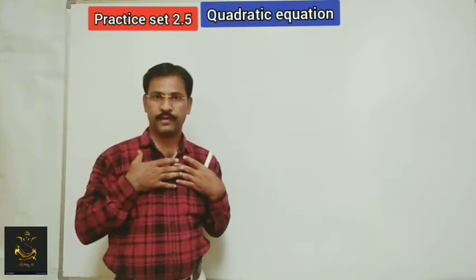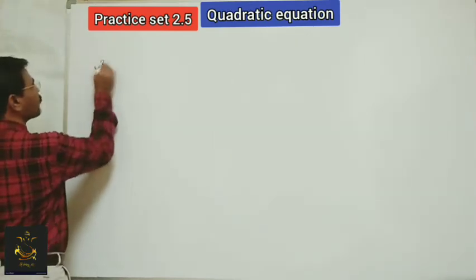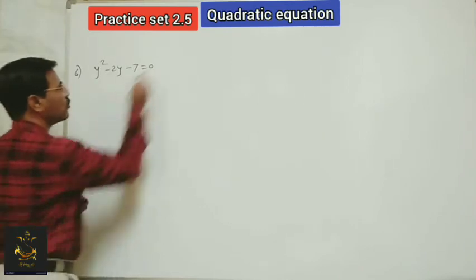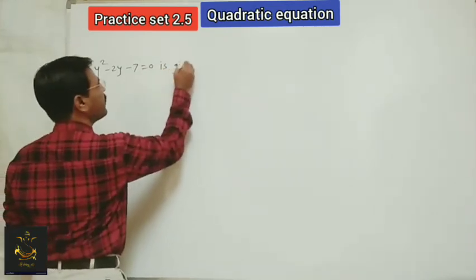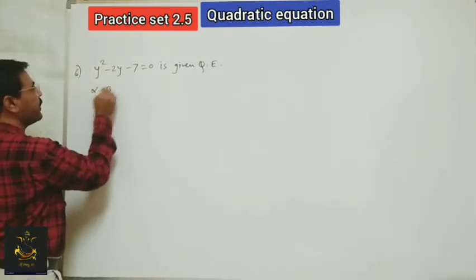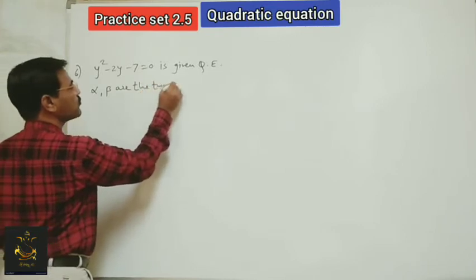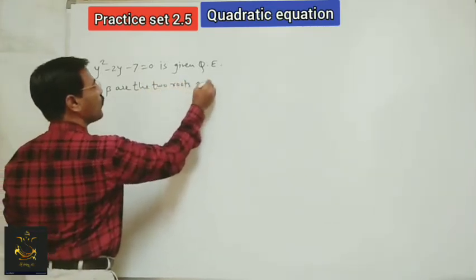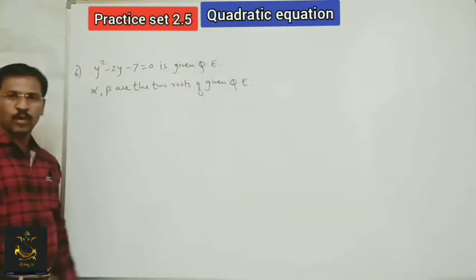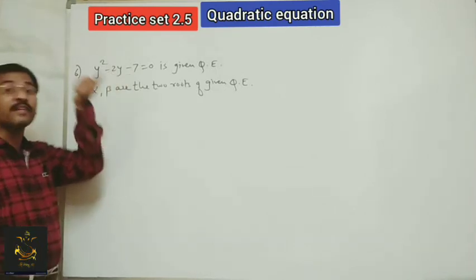This is the sixth sum. y square minus 2y minus 7 equal to 0 is the given quadratic equation, and alpha and beta are the two roots of the given quadratic equation.